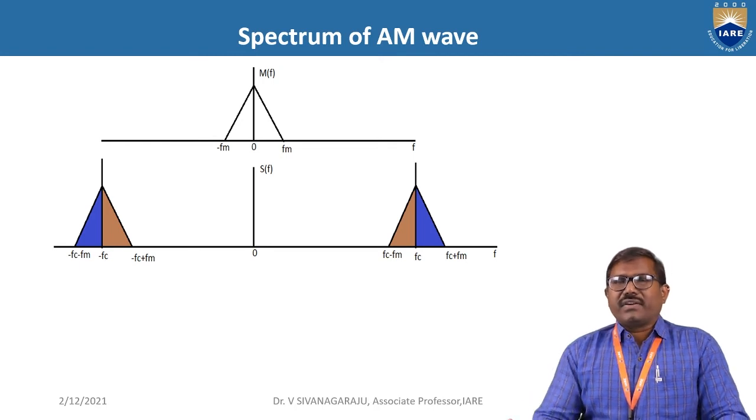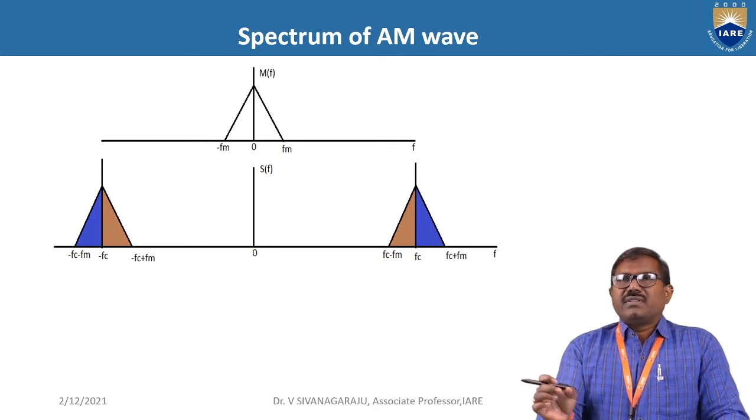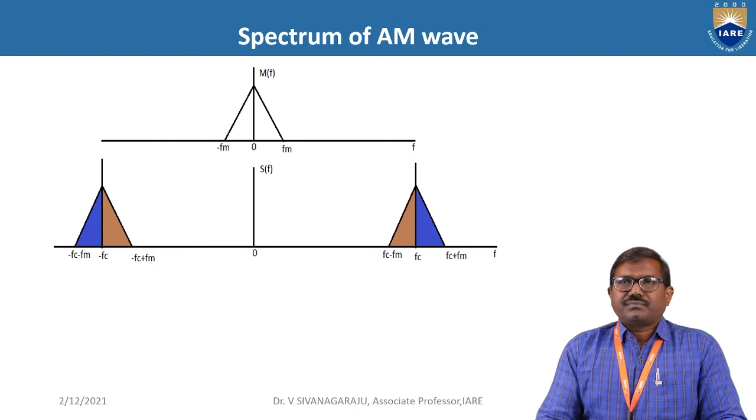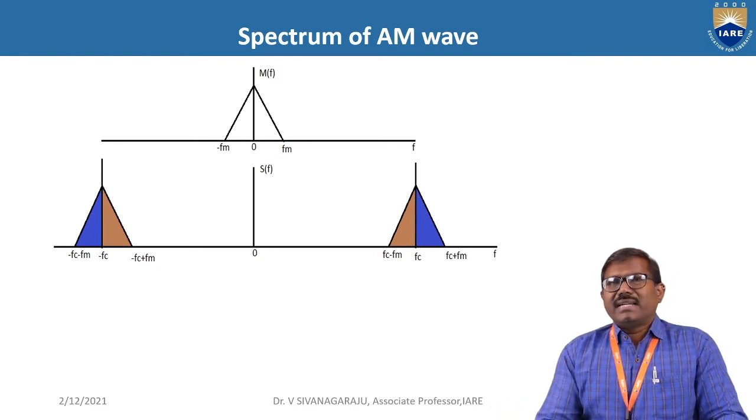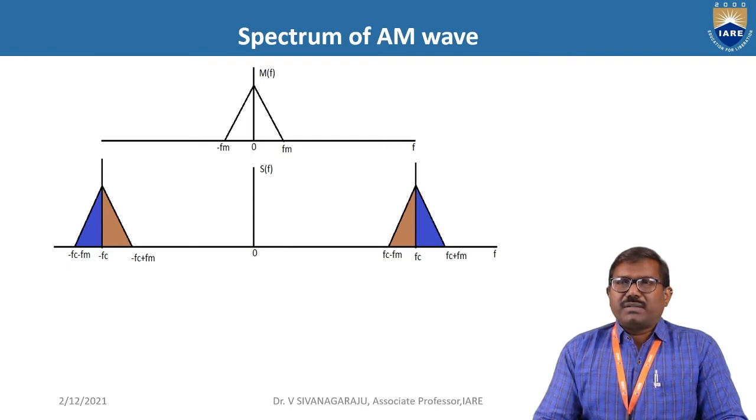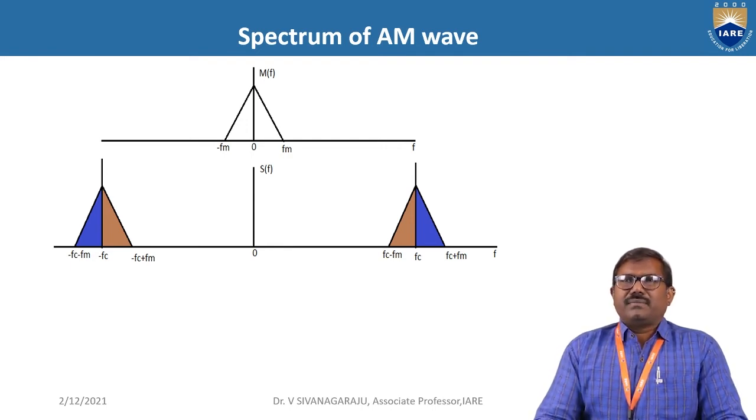So around the carrier frequency, this message signal is there. Okay. So the blue indicates the upper sideband and brown indicates the lower sideband of that AM wave spectrum.